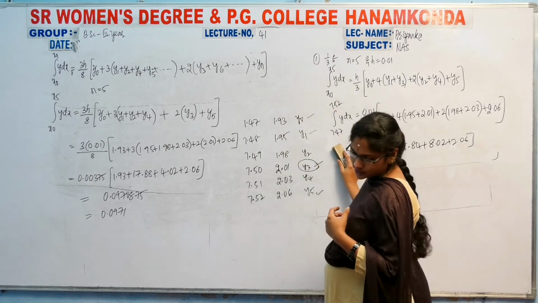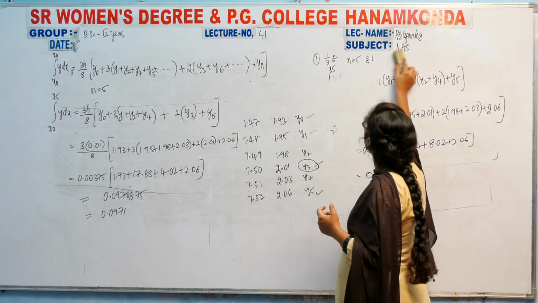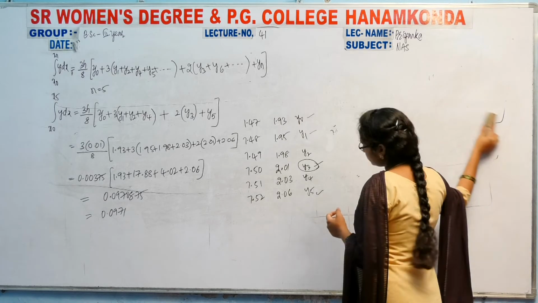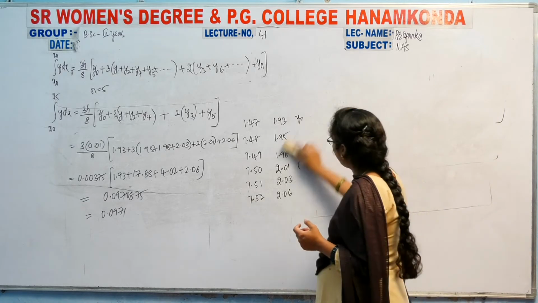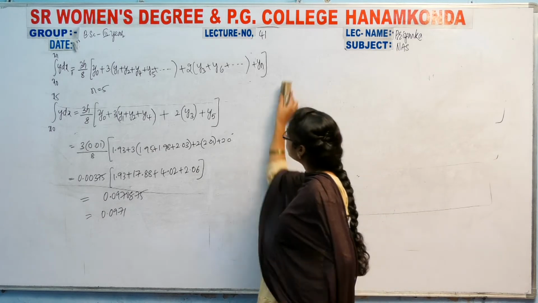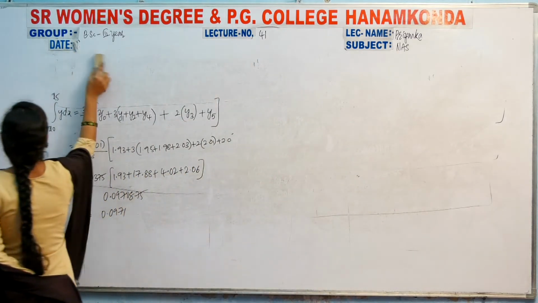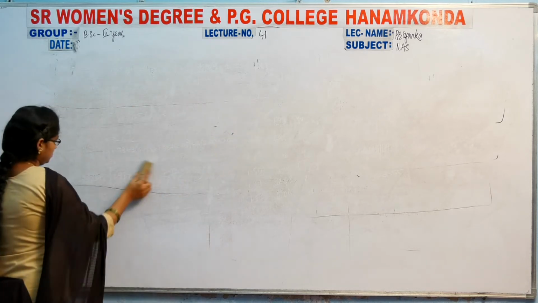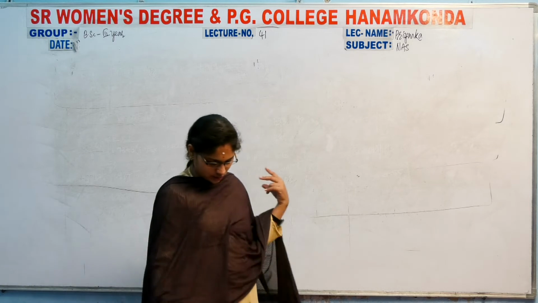Next, what we have, put a side heading, Boole's and Weddle's rule. Write down.